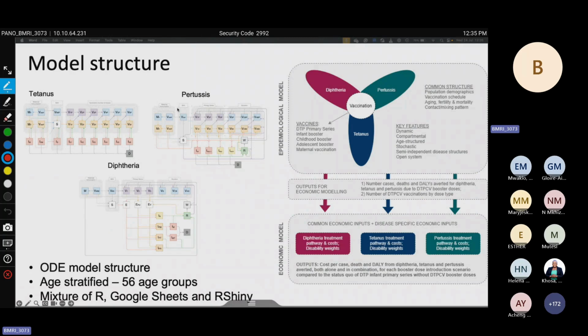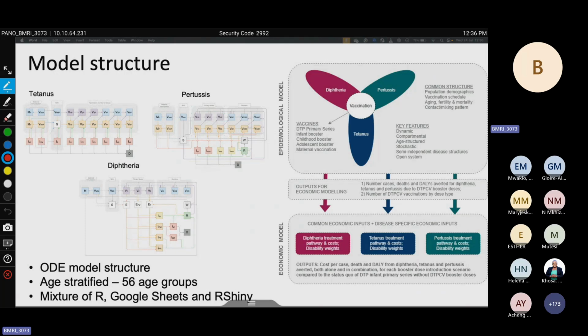Some are vaccinated, some are not. It wanes over time. Mothers are protected. They will give birth to babies who are then also protected. And that's where this M comes into account in terms of maternal immunity for the babies and so on. So it's quite a complex structure because they are linked by age and vaccination.